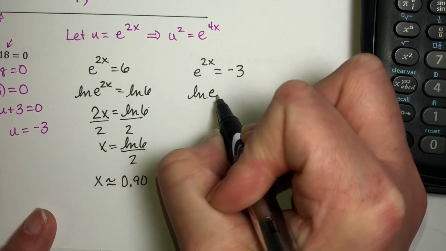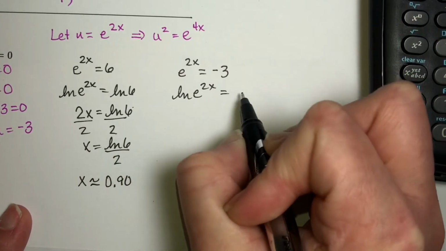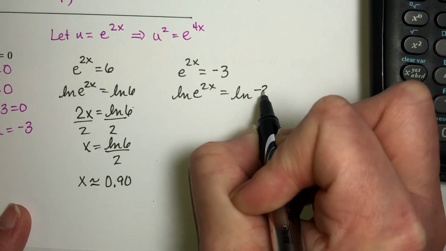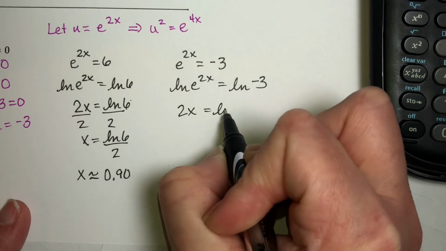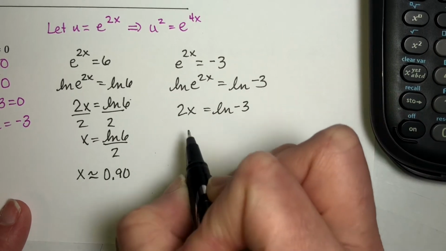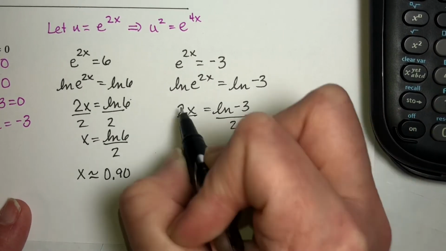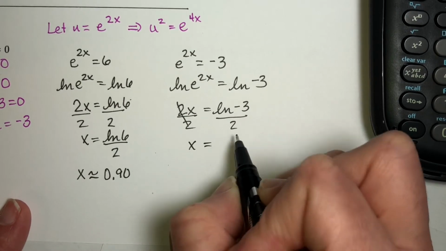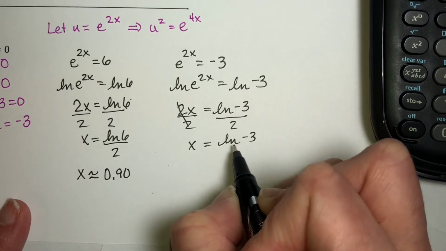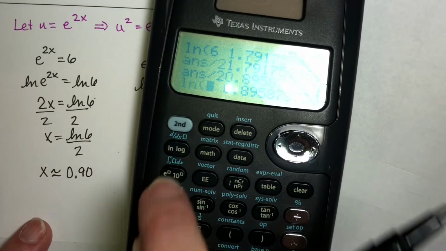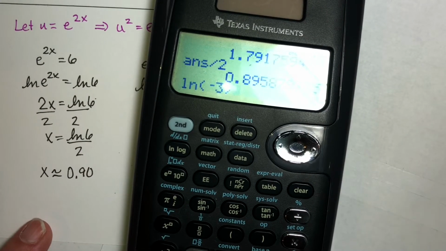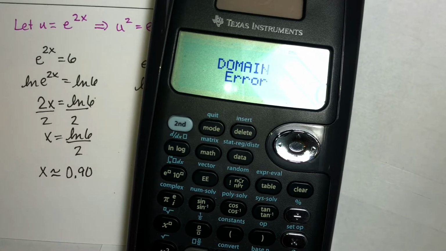Natural log of e to the 2x is equal to natural log of negative 3. So I get 2x is equal to natural log of negative 3. Divide both sides by 2, and you get x is natural log of negative 3 divided by 2. So natural log of negative 3, and you get a domain error.